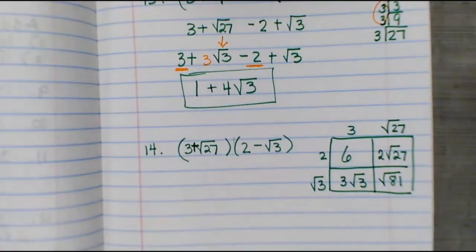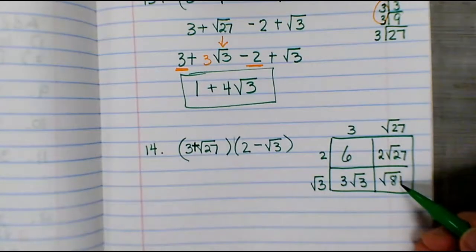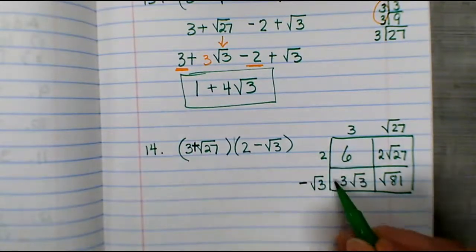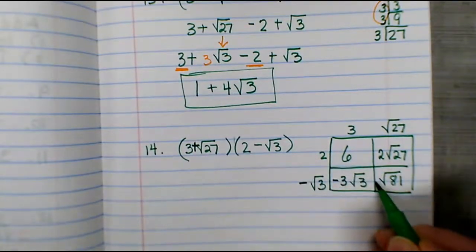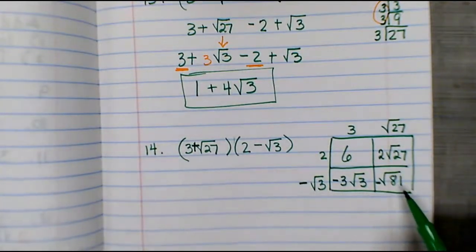When I multiply 3 times 27 together, that's equal to 81. There was a negative sign in here somewhere. This was a negative sign, so that would be a negative on the outside of the square root.